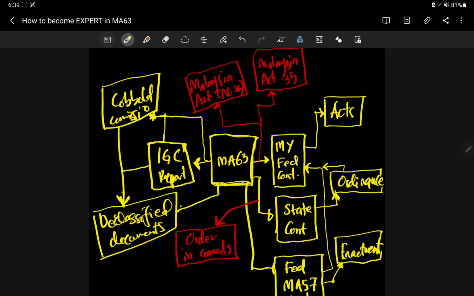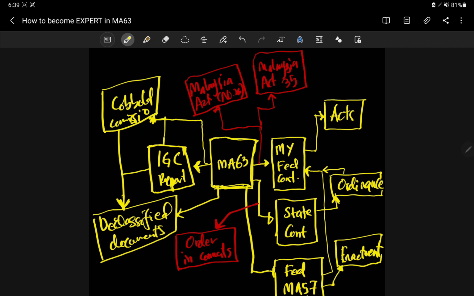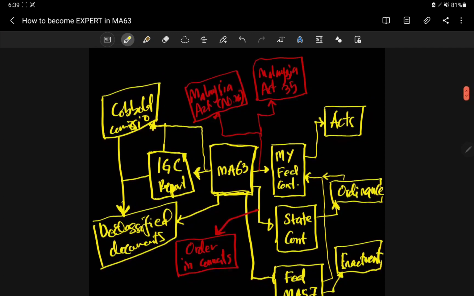Everything will be told in the declassified documents. Even information that we didn't know before about MA63, you can find in the declassified documents.